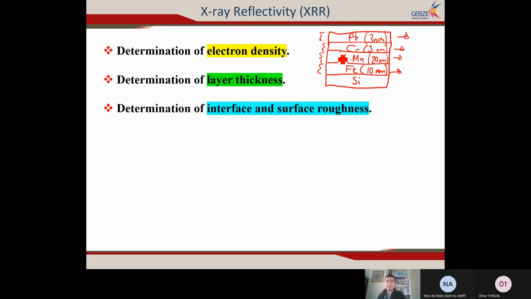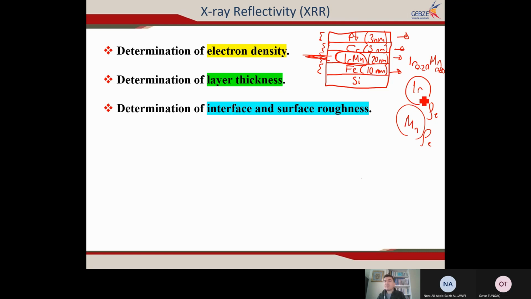Look at this one. So here we have iridium manganese. Let's consider that iridium is 0.20 and manganese is 0.80, let's say. Okay. So if you have pure iridium in this layer, then it has a certain electron density. If you have pure manganese, it has a different electron density.